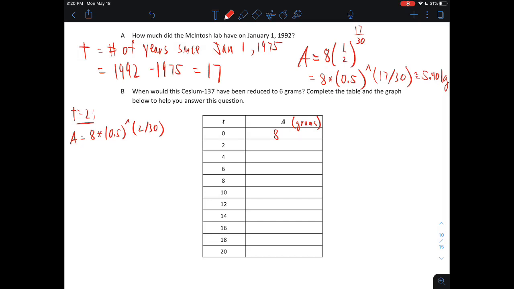Don't forget your parentheses around that 2 divided by 30. And you should get 7.639. And then t equal to 4. Let's do the next one. A is equal to 8 times 0.5 raised to the power of 4 divided by 30. And when you type that in, you get 7.294.